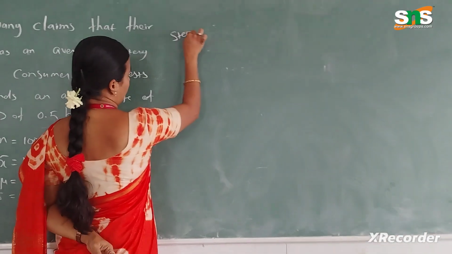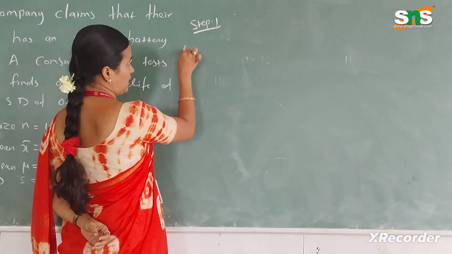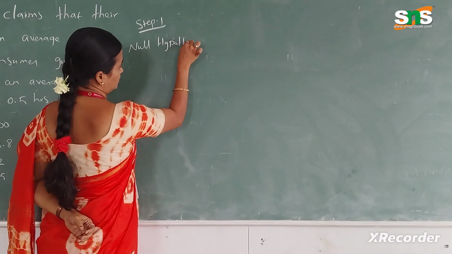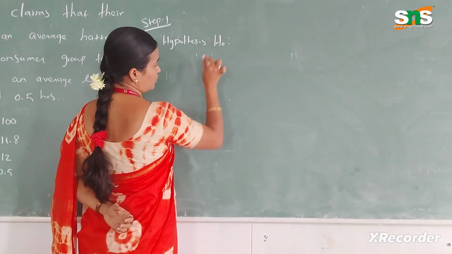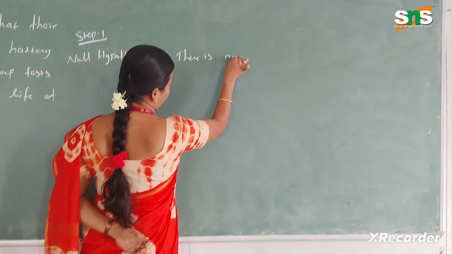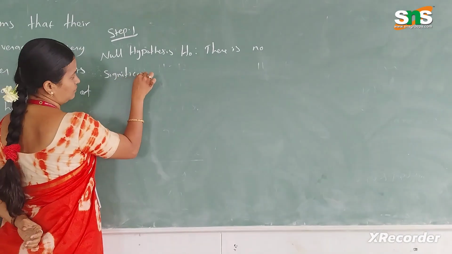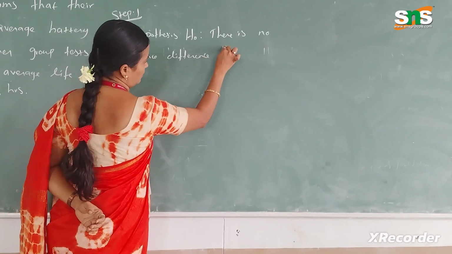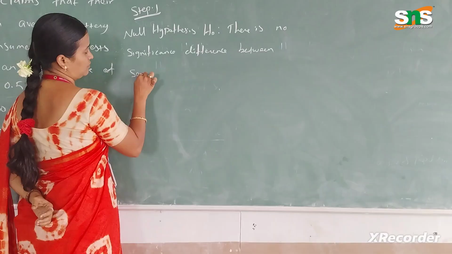Step 1, we have to frame the null hypothesis and the alternative hypothesis. The null hypothesis, the notation is H naught. What is the statement? There is no significant difference between sample and population.